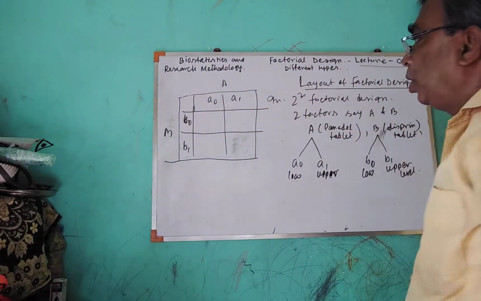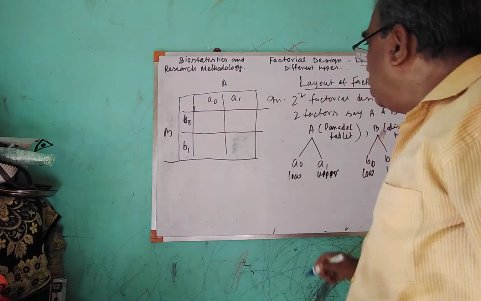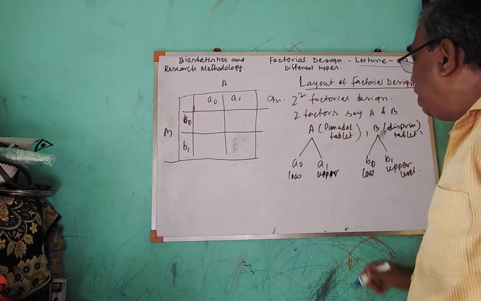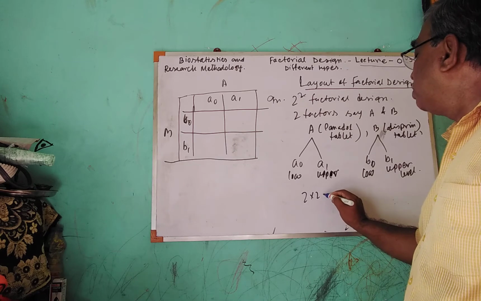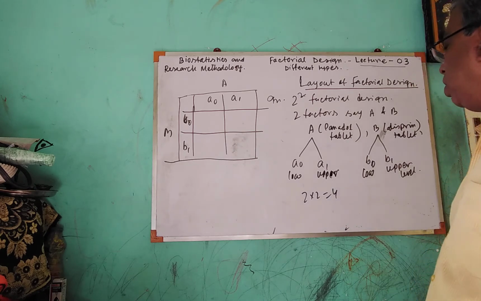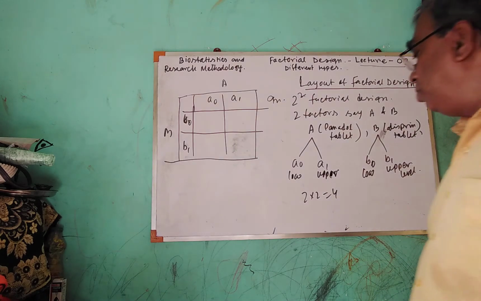So in 2 square factorial design, how many levels? 2 into 2, that comes 4. Sorry, 4 treatment combinations.